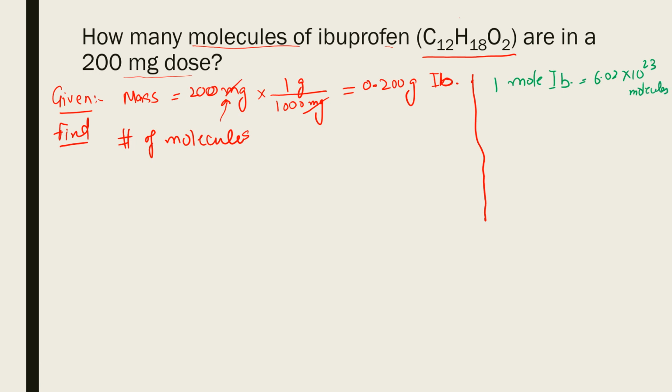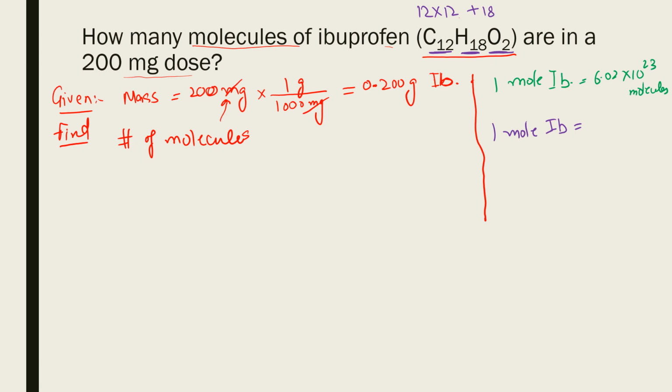And we also know that 1 mole of ibuprofen will weigh its molar mass. So let's calculate the molar mass. We have 12 carbons, 18 hydrogens, and 2 oxygens. So 12, each carbon is 12. I'm just going to use the whole numbers.